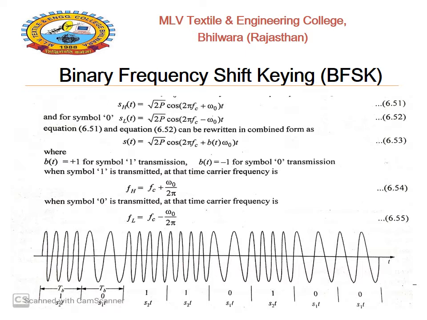So for the first bit, which is 1, the carrier frequency increases. For the next bit, 0, the frequency is reduced and presents the lower frequency component Fl, related to equation 6.55.